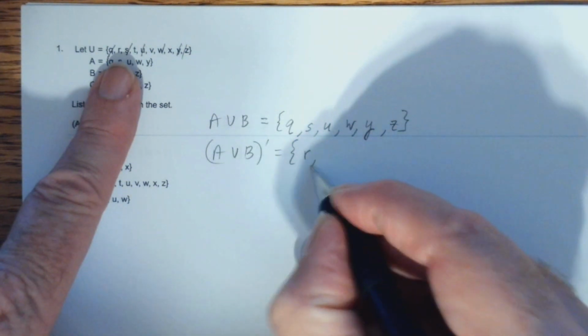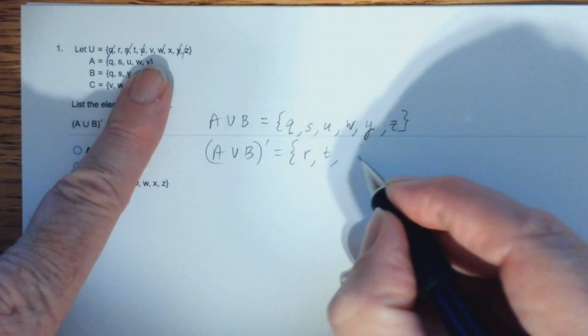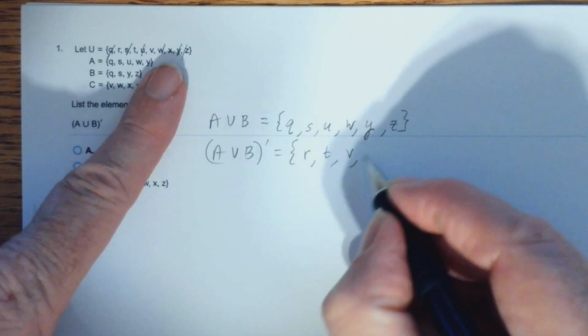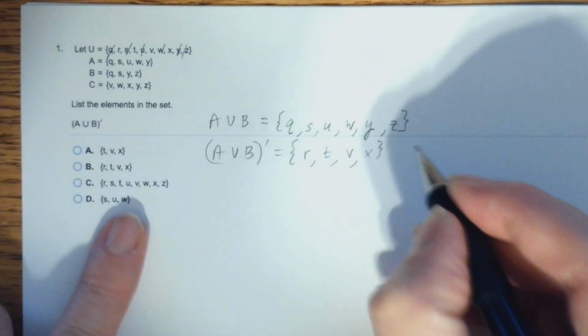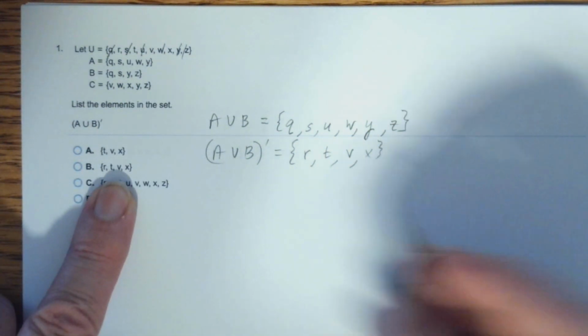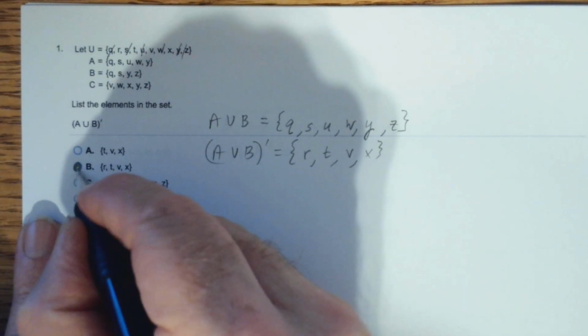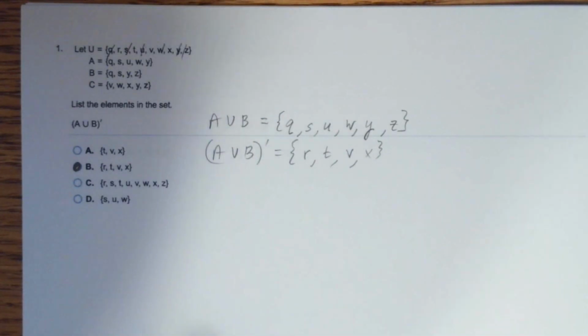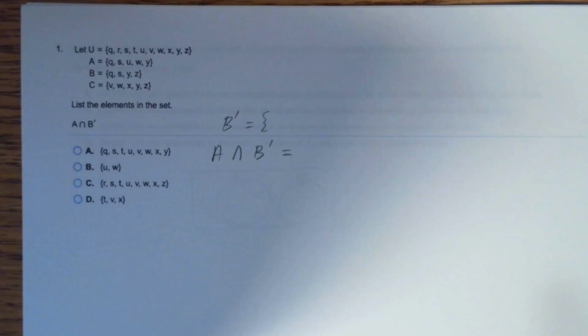You have R, T, V, and X. So it looks like we've got answer B here. Let's move on to the next one.